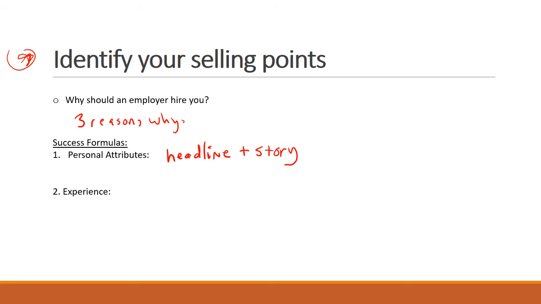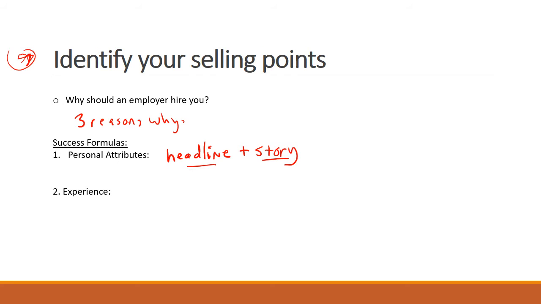Okay, that's a lot better because now I can see how you're dependable, right? So you have a headline, I'm dependable, and you have a story. You have some example that shows that you're very dependable, right? You had the keys, you came to work on time every day or early, and you never lost a key, okay?